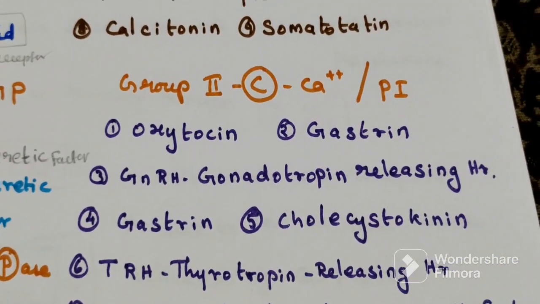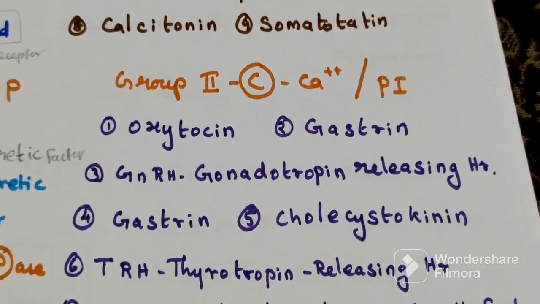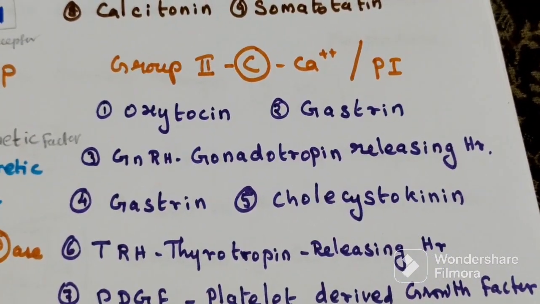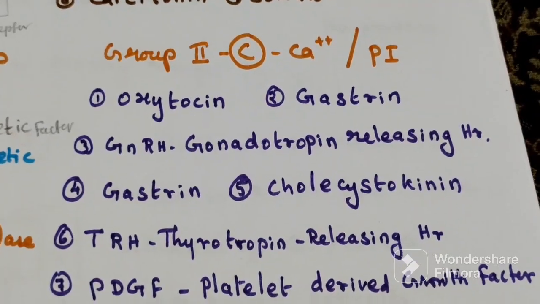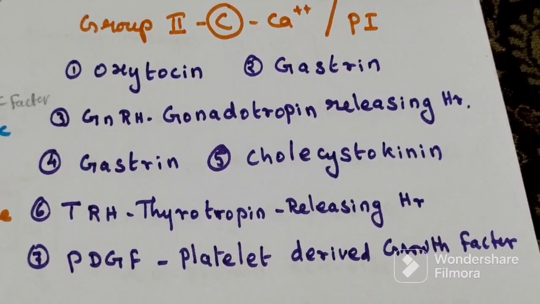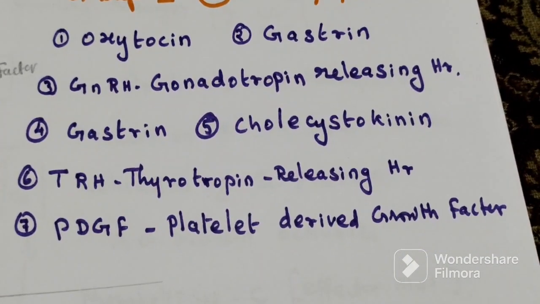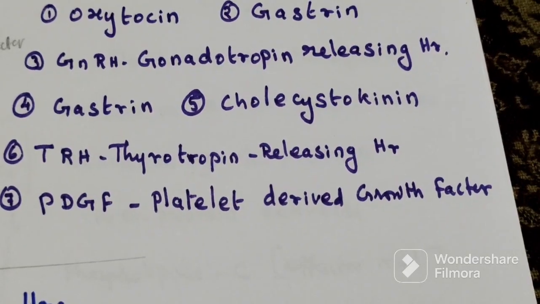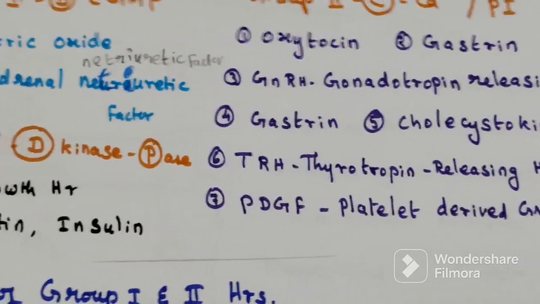So group 2C hormone examples: oxytocin, gonadotrophic releasing hormone, gastrin, cholecystokinin, thyrotrophin releasing hormone and platelet derived growth factors.